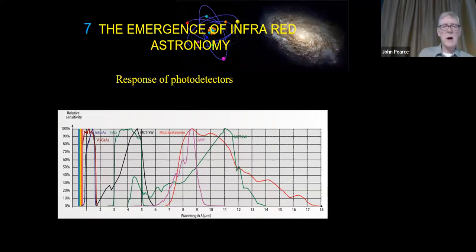And we've got a whole range of them and their different responses. You can see that since the plot of this curve goes towards the right, that corresponds to increasing wavelengths. We've got very large areas there which we can detect using photodetectors, but which we can't see with the naked eye.